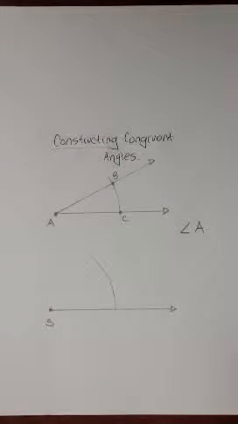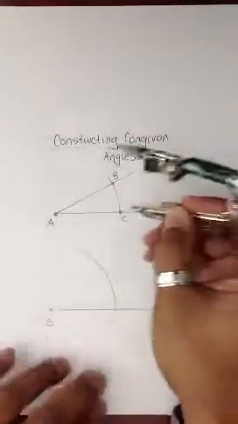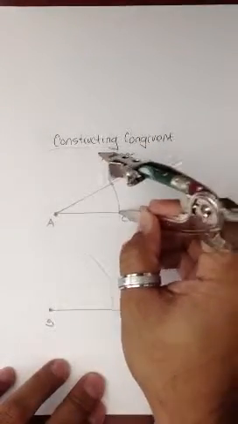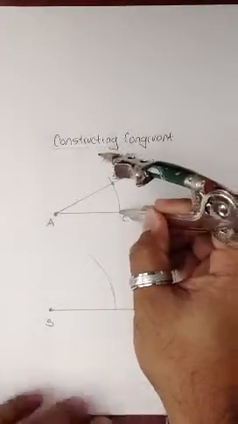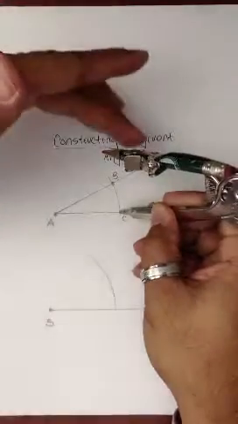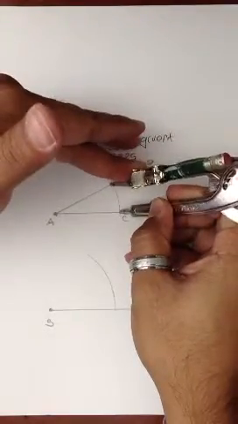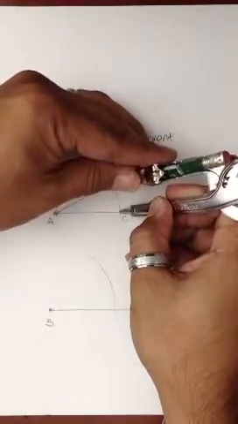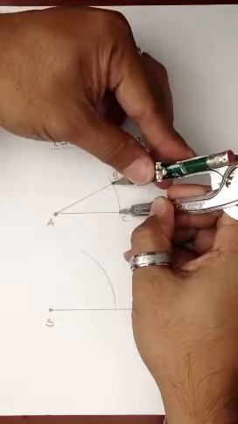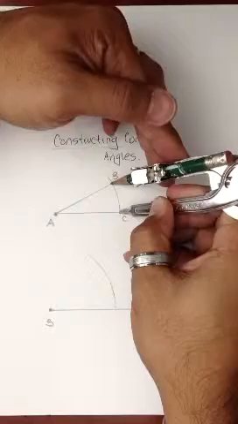This is where precision really takes a toll. I'm going to take the end point of my compass and I'm going to put it on point C, which is one of my reference points that I created. I'm then going to close my compass until it matches the distance to point B. So now I change the setting on the compass.